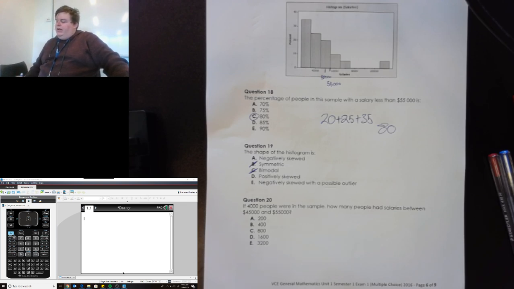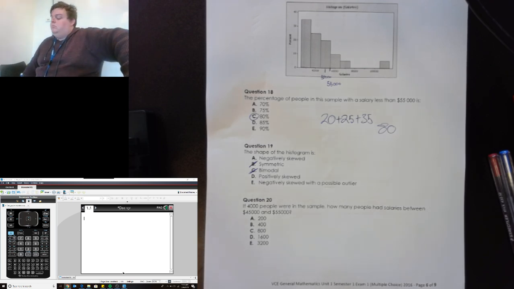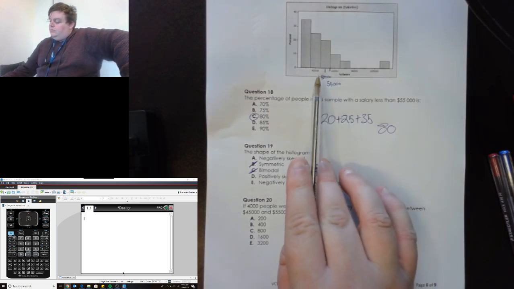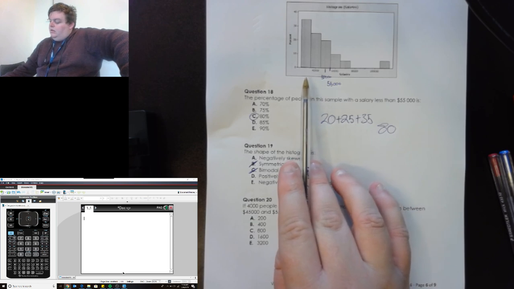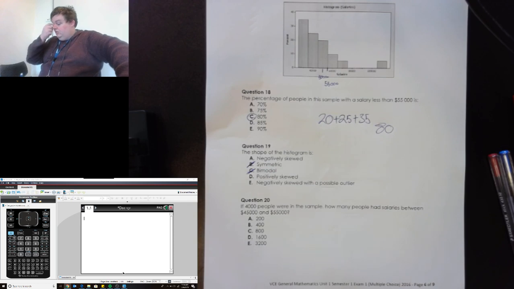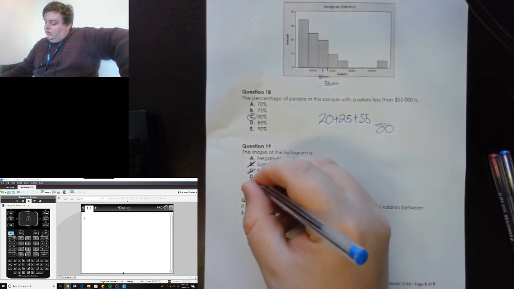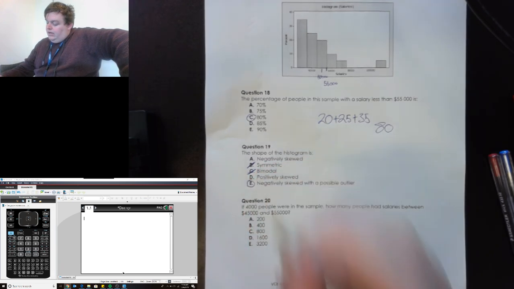One thing that's worth pointing out is that there looks to be a possible outlier as well. So yeah. What I would say is the data's here, and it's probably being skewed to the negative side. So I would say E, negatively skewed with an outlier.